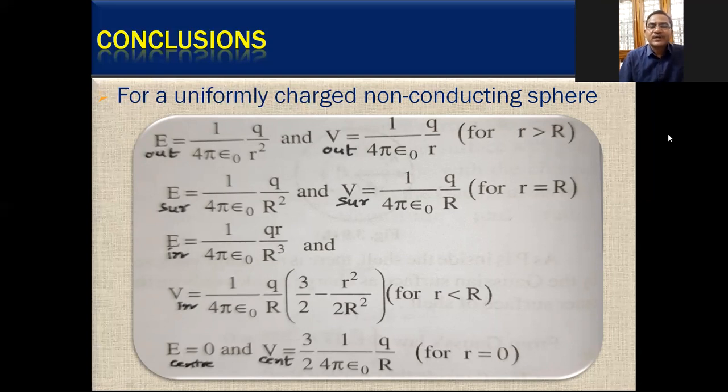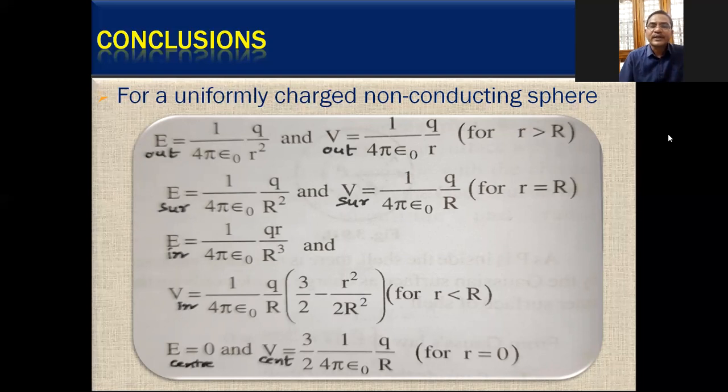At that point, the potential V out is equal to 1 by 4 pi epsilon naught Q by r. For the point on the surface, simply substitute small r equal to capital R: 1 by 4 pi epsilon naught Q by capital R square is the field strength, and the potential V surface is 1 by 4 pi epsilon naught Q by capital R.